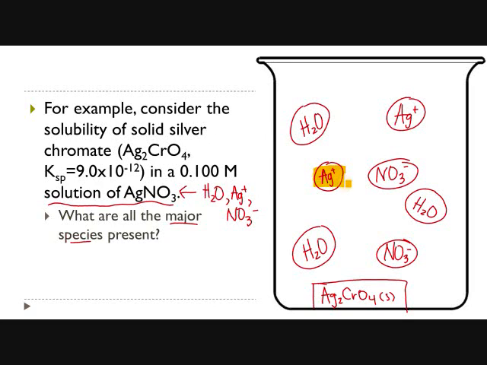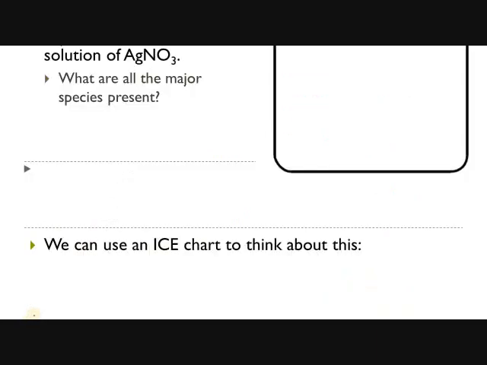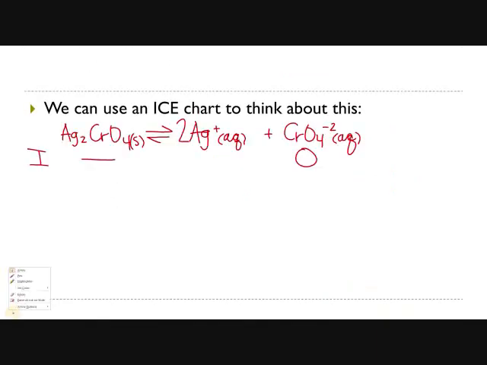And so since the silver ion is there, that means for our ICE chart, the concentration of that solution becomes the initial concentration for the silver ion in the ICE chart. So that's where I'm getting this number from.